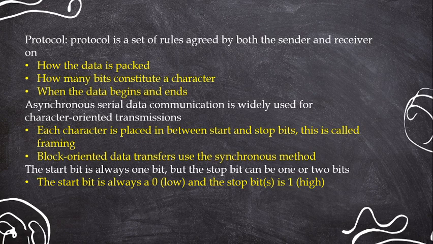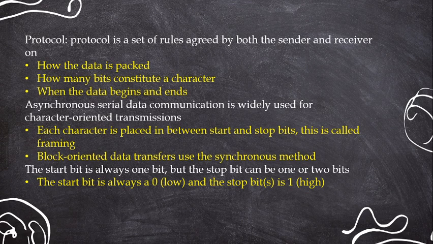What does a protocol consist of? It consists of how the data is packed. That means whether you have some start bit, some stop bit, and what is indicated in the data as a packet. The second one is how many bits constitute a character.